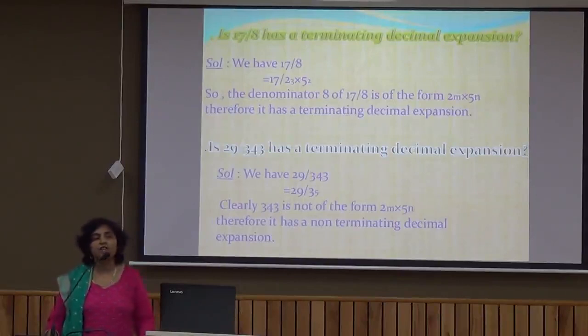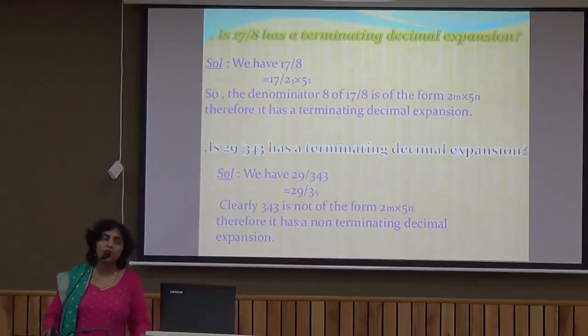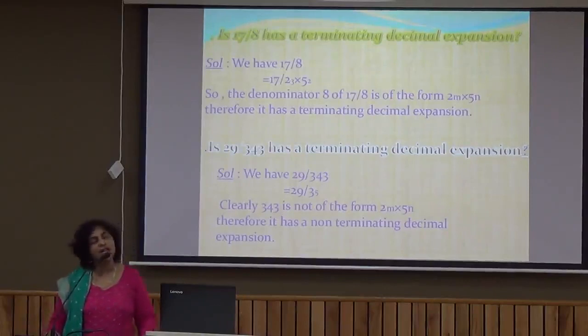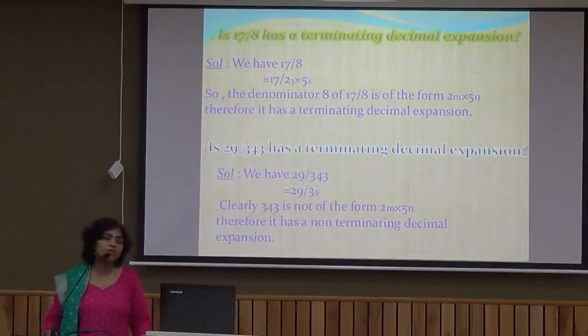Let's see, we have 17 upon 8. So 8 is 2 raised to power 3 into 5 raised to power 0. It has only 2 as a factor, and it can be represented in the form 2 raised to power m into 5 raised to power n, where m is 3 and n is 0.